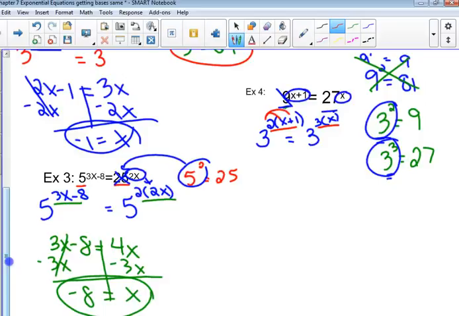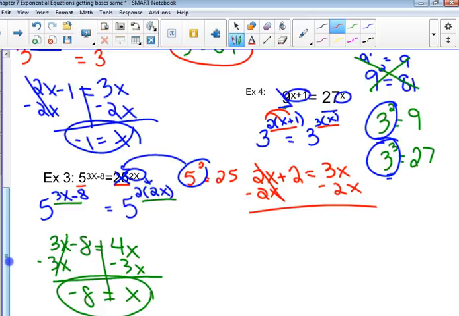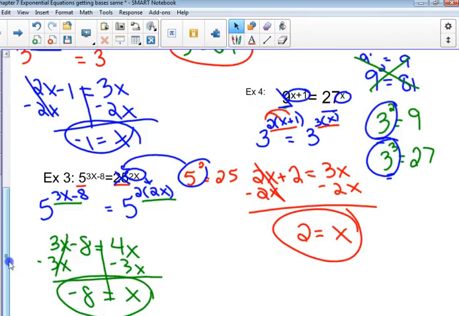So if you distribute it through, it becomes 2x plus 2 equals 3x. Now when we solve it, minus our 2x, right, so 2 should equal x. That was great, you guys recognized that you had to use 3 there.